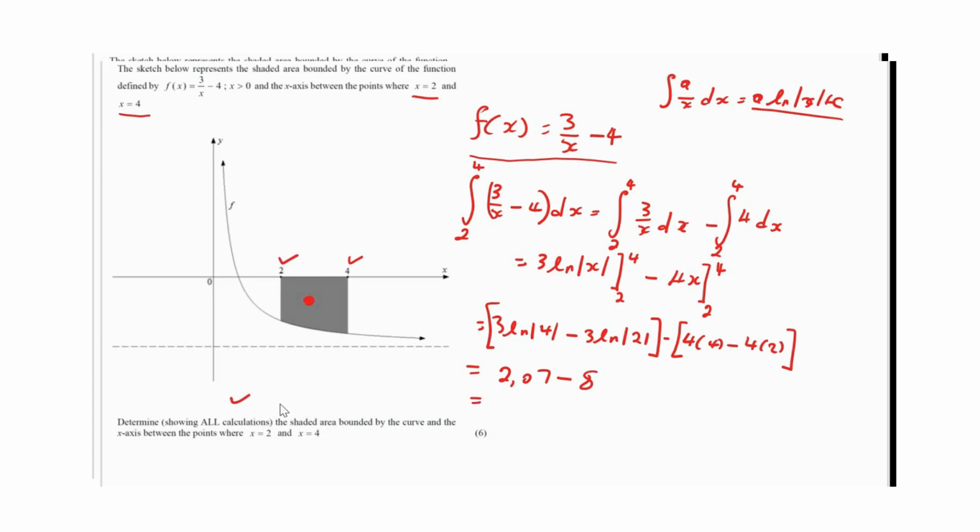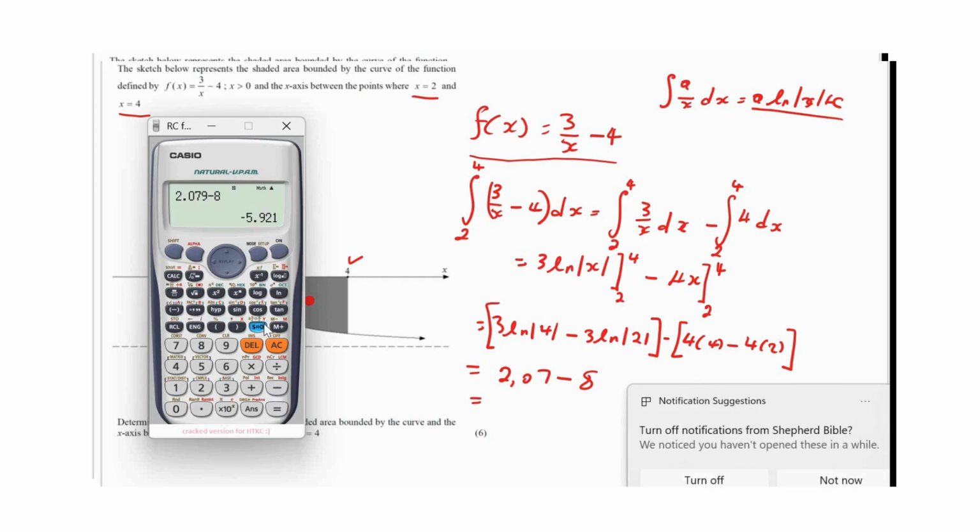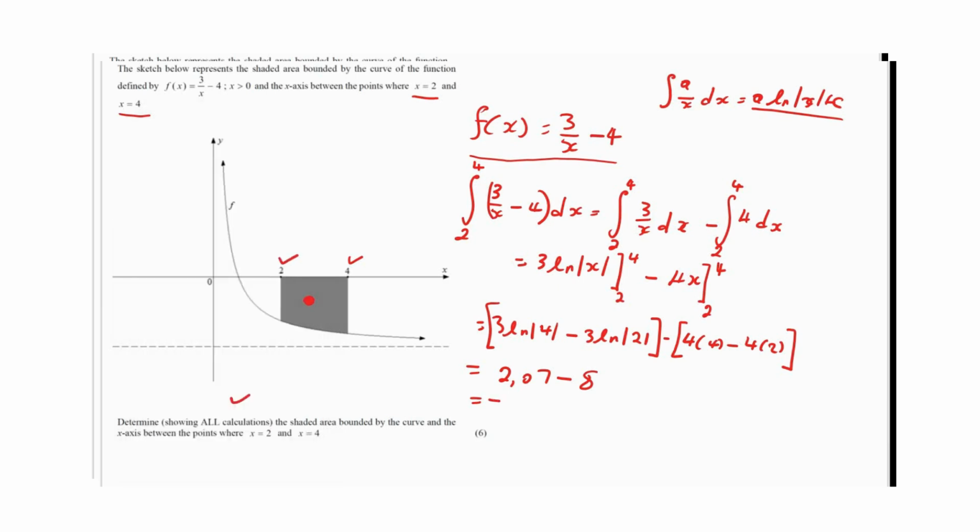We're going to get a negative value, and I'll explain in a while why we get a negative value. 2,079 minus 8 is going to give us negative 5,92.